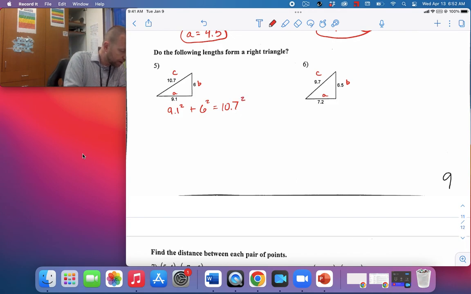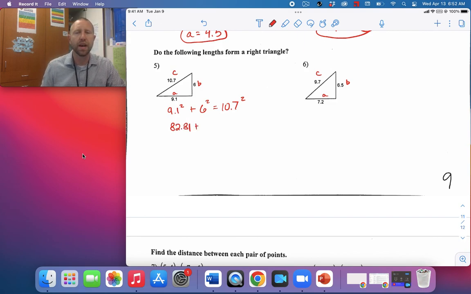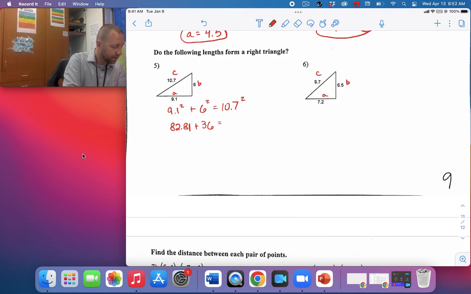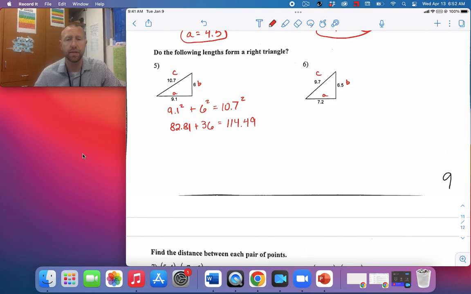Okay, 9.1 squared. Type that into the calculator real quick. We get 82.81. Okay. 6 squared we know is 36. And then 10.7 squared, type that one in. 10.7 squared gives me 114.49. And now let's see what 82.81 plus 36 adds up to.